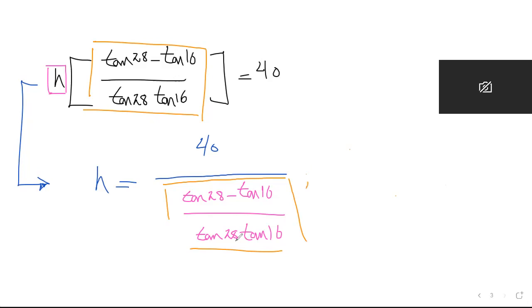Let me just do this on the calculator. If you have a cell phone, search for an online calculator.